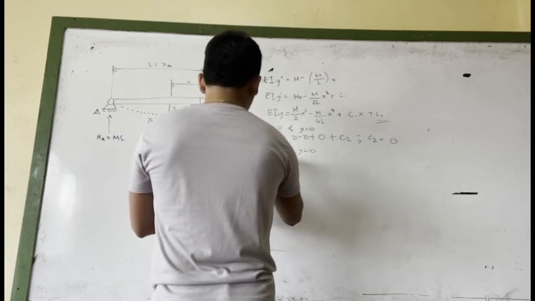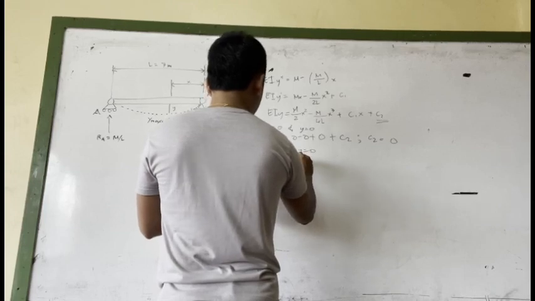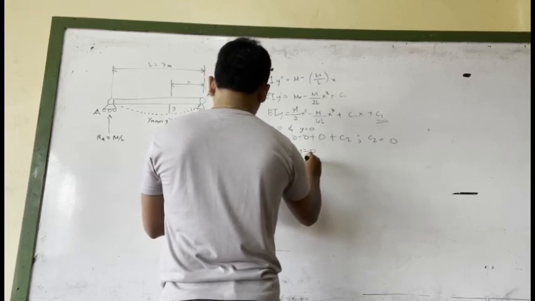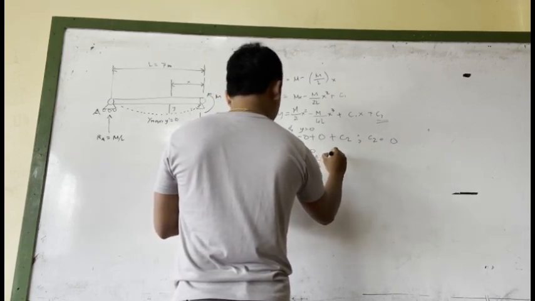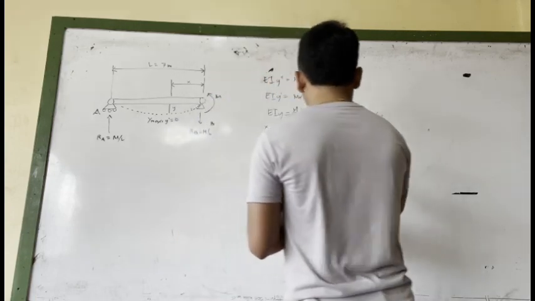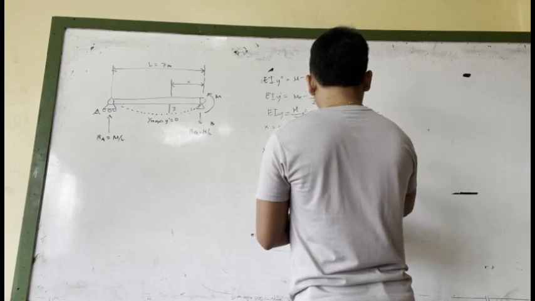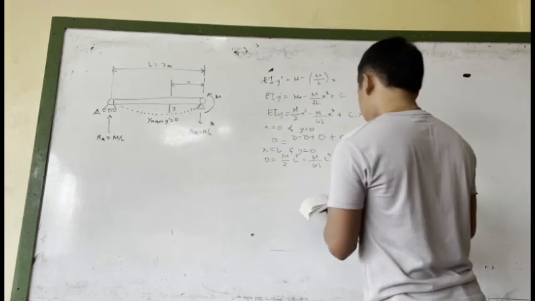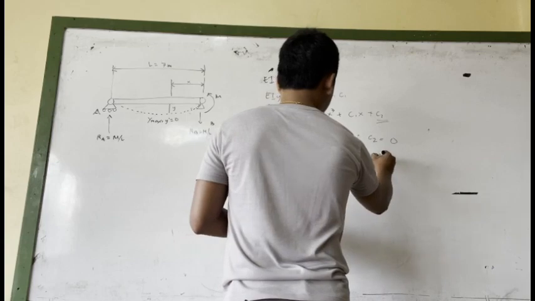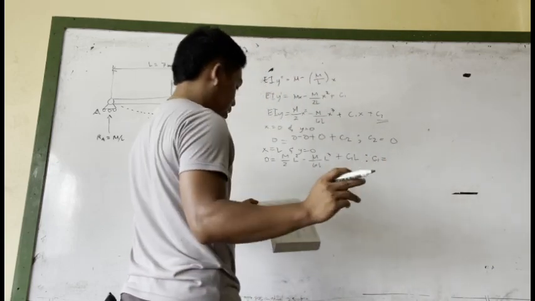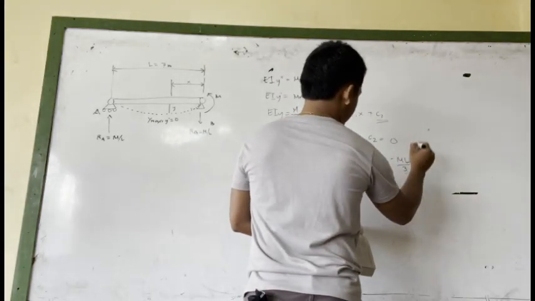So we have 0 equals M over 2 times our x substituted with L, so L squared, minus M over 6L times again our x substituted by L, so L cubed, plus C1x, supposedly C1L. Manipulating, the value of our C1 is negative ML over 3.